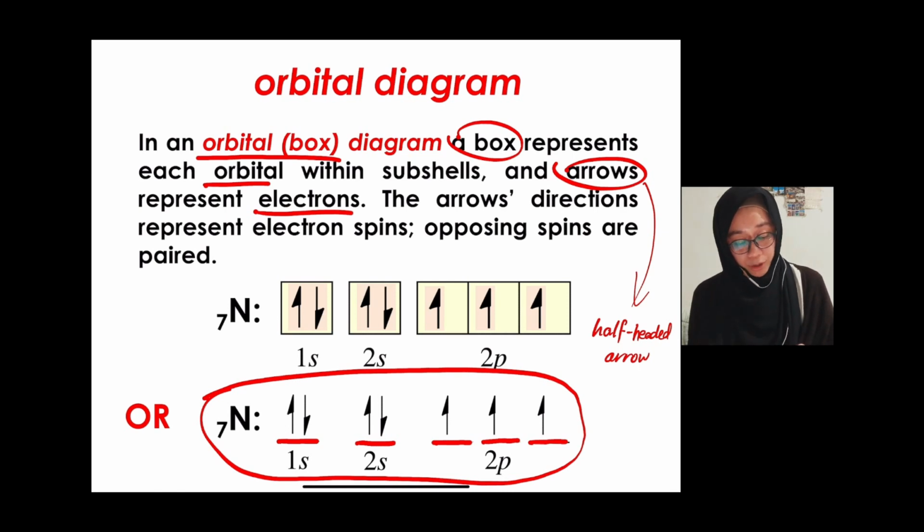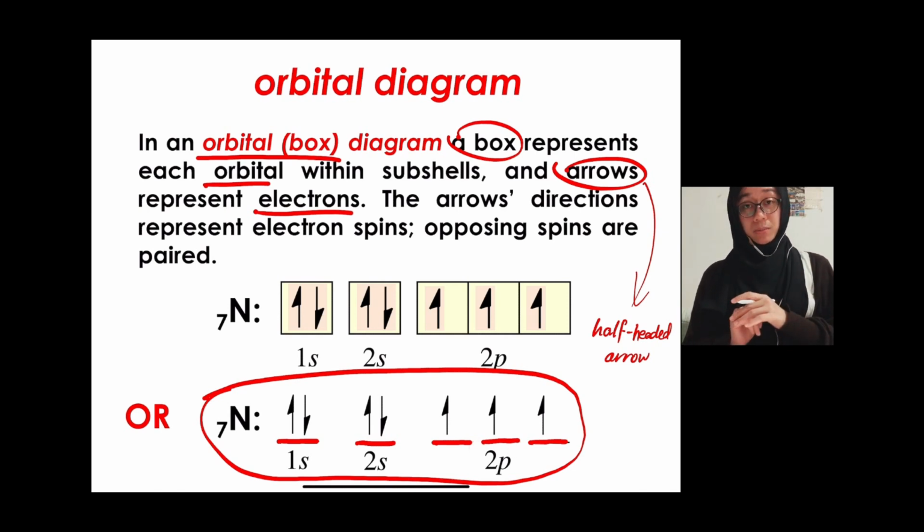So for example macam 1s pergi kepada 2s ni kan, so you can see ada space in between. Okay, and then between 2s dengan 2p ada space in between. Okay, and then even 2p ni sendiri, setiap tiga dalam in between the three orbitals, dia ada space yang kecil lah, kecil sahaja. Okay, jangan sambung terus buat satu line. Please tolong nampakkan ada 3 line untuk tunjukkan ada 3 orbital. Okay.